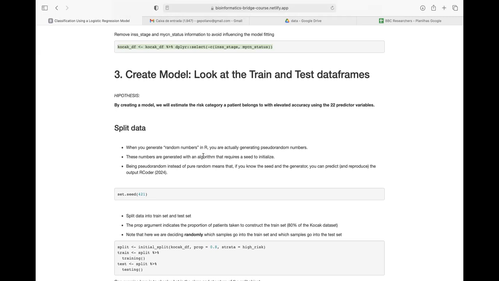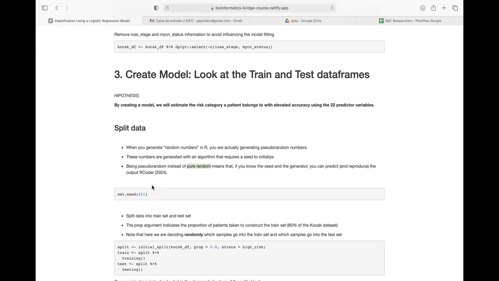And that has to do with the idea that we have to provide a seed generation, which means we have to tell R a number to start with, because otherwise that number is going to be what I am calling here pure random. Okay, if I do not tell R a number to start with, it's going to think of it by itself, if I can say that, and then I will not be able to reproduce the patients that go into the train set and the patients that go into the test set.